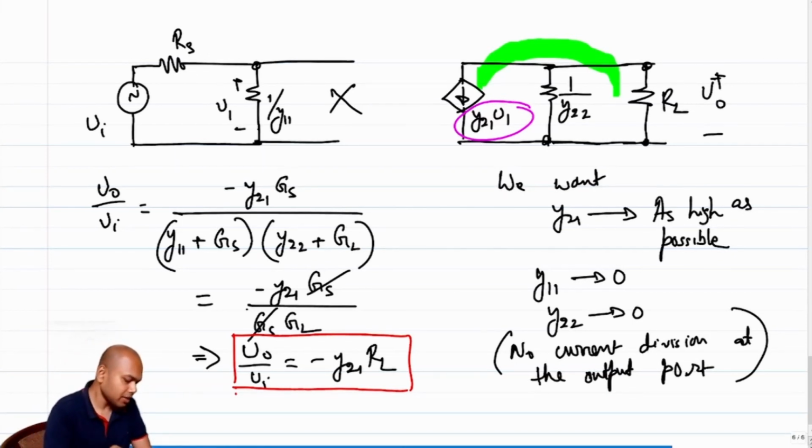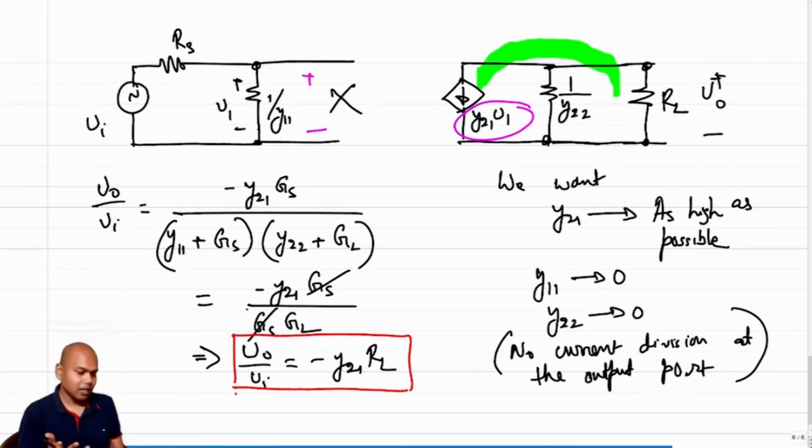Now what is V1? Note that V1 is the voltage across the input port, 1 over Y11. And under what condition can V1 be maximized? The condition under which V1 can be maximized is when 1 over Y11 is infinity.